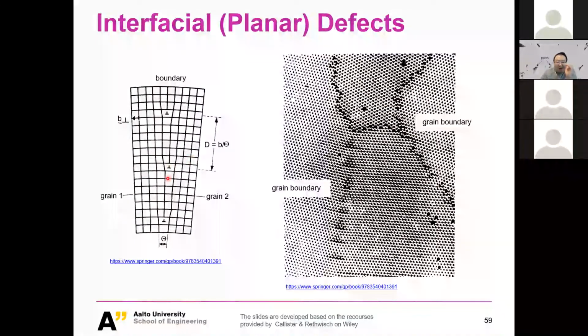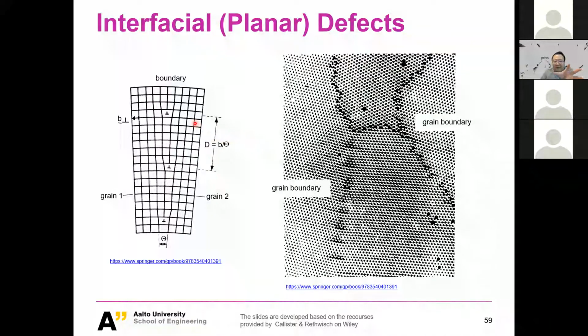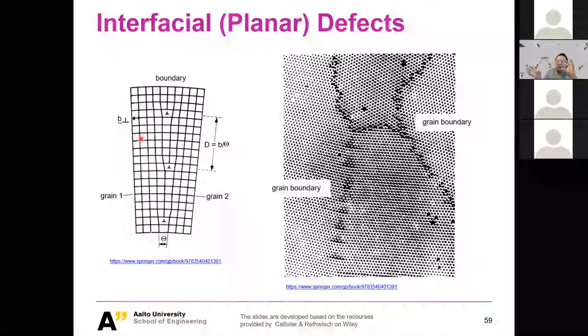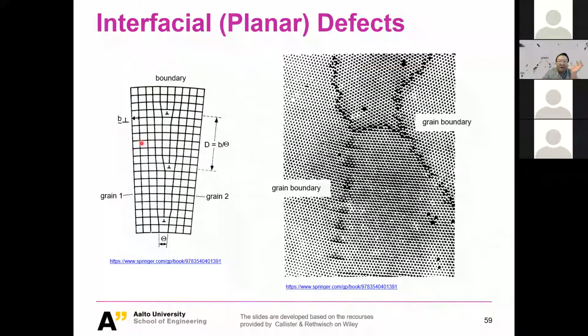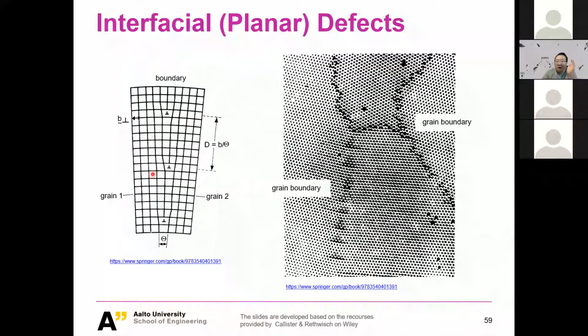But if I stack many, you can imagine it's a simple crystal or BCC, it doesn't matter, but if I stack many and many, you see my crystal on the left-hand side is going with this kind of pattern. My crystal on the right-hand side is going with a quite different pattern already. So this is important knowledge: this kind of misorientation, this rotation of your crystals, creates a situation where they don't belong to the same crystal anymore.